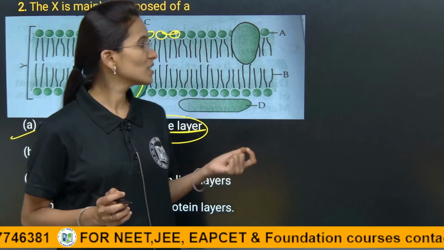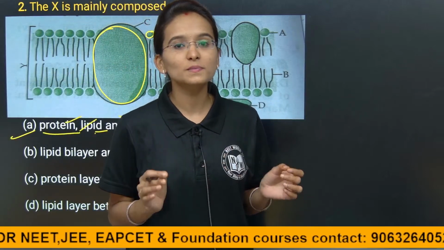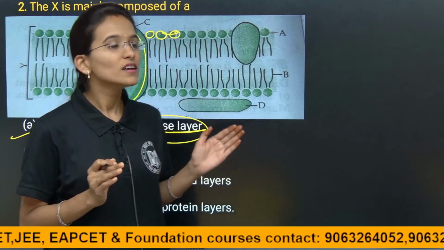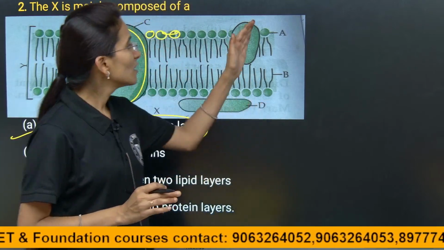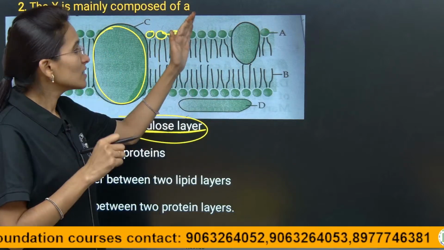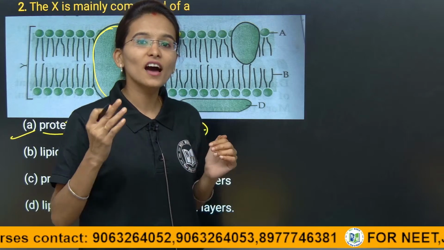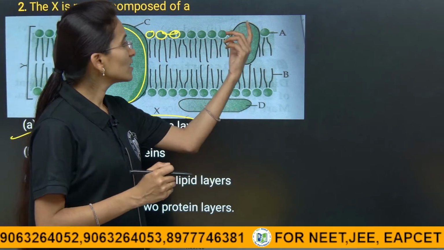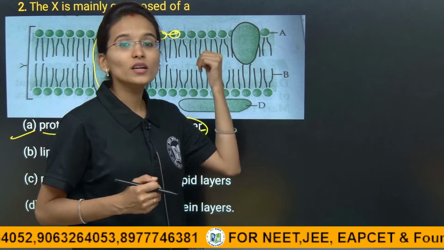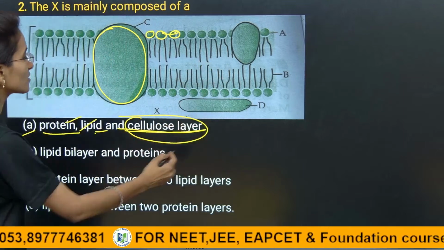Cellulose is the cell wall which is present in plants. Outside the cell membrane we have the cell wall, that is called cellulose, right? Here we are discussing only the cell membrane but not the cell wall. So option A is wrong.